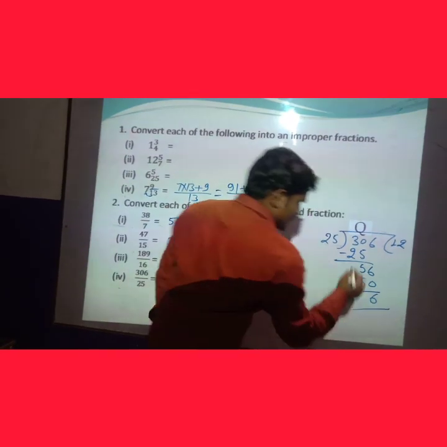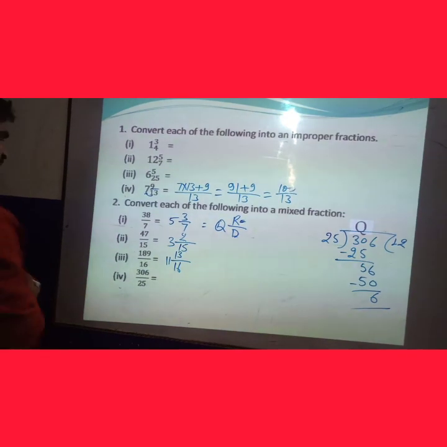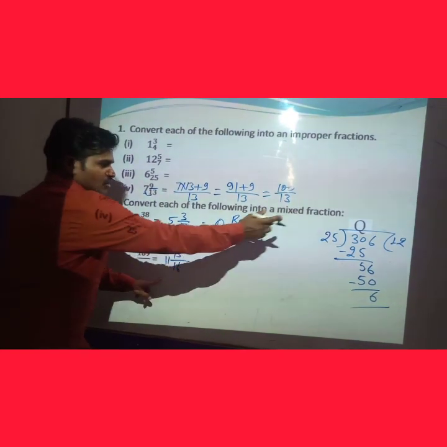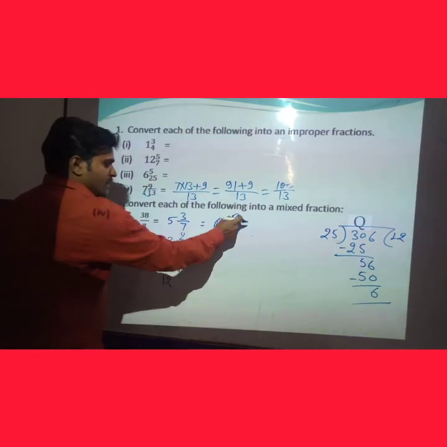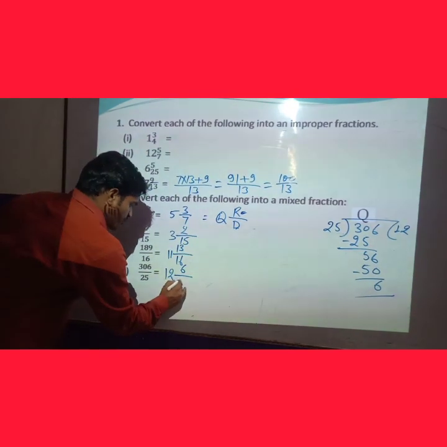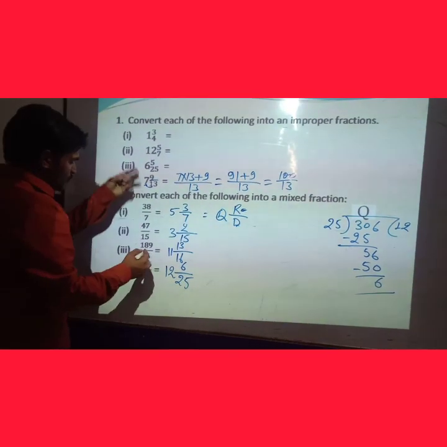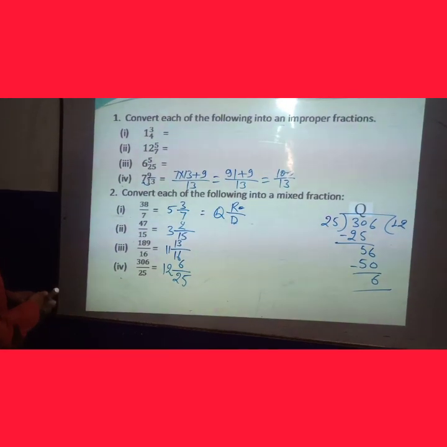So we get 6 as the remainder and 12 as the quotient. 25 is the divisor, which is already given. So the quotient is 12, then after that the remainder 6 upon 25. Like that, you can take more examples and convert them into mixed fractions.